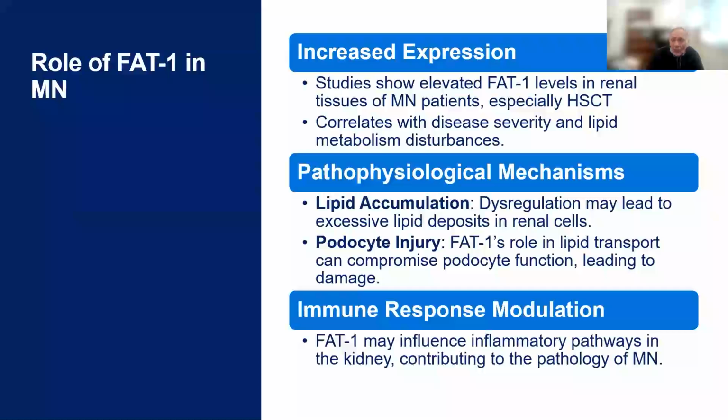The reason this is important is that FAT1 may lead to a dysregulation of lipid metabolism, resulting in additional accumulation in renal cells. Maybe there is a role of FAT1 in podocyte injury, and it may also influence inflammatory pathways in the kidney, therefore playing a role in the pathology of membranous nephropathy.